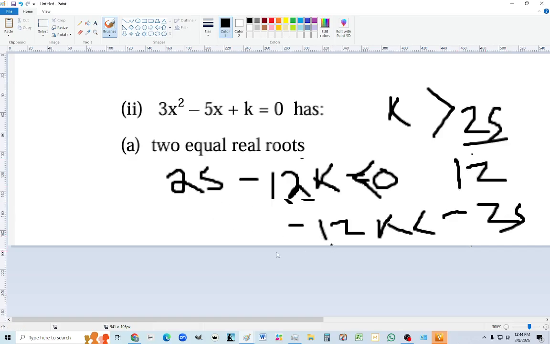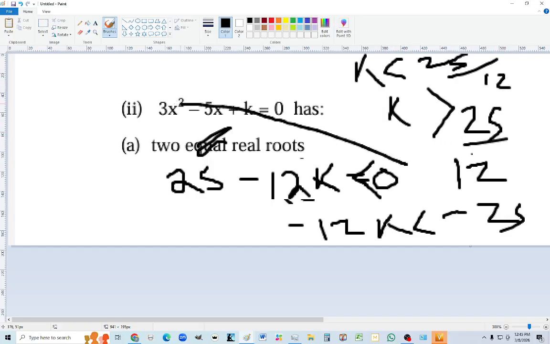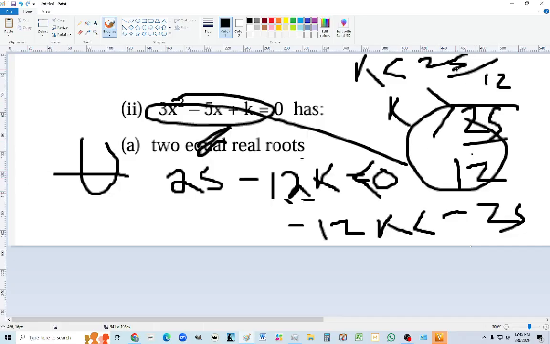And therefore, to have two non-equal real roots, when we're bigger than 0, k must be smaller than 25 over 12. In this scenario, you can get situations where it's between the numbers or outside the number. In this case, it's just a number, and on the left of the number and on the right of the number.